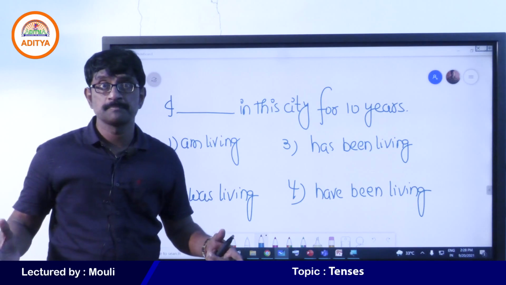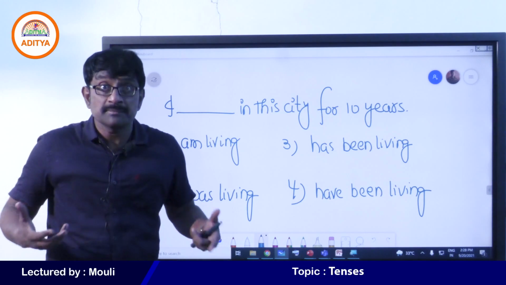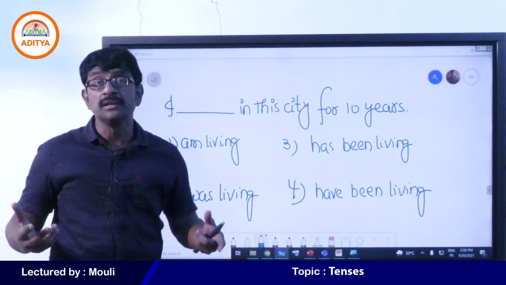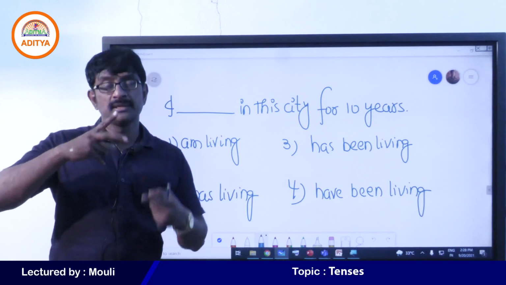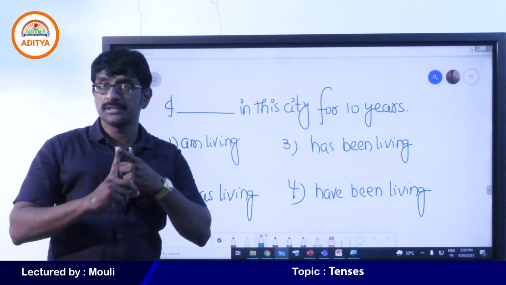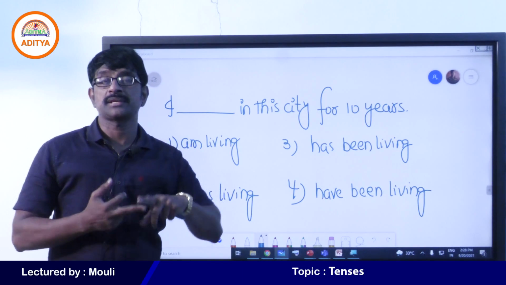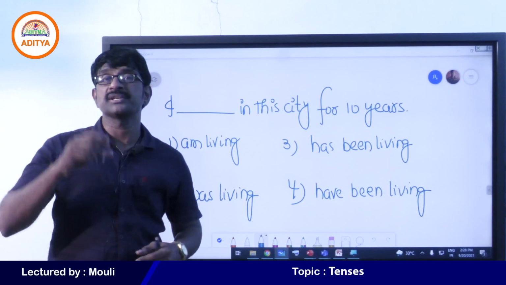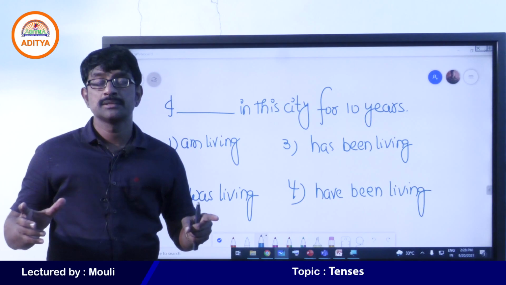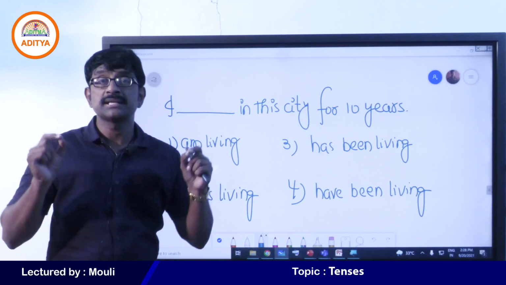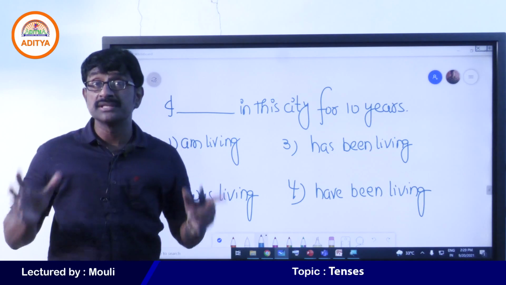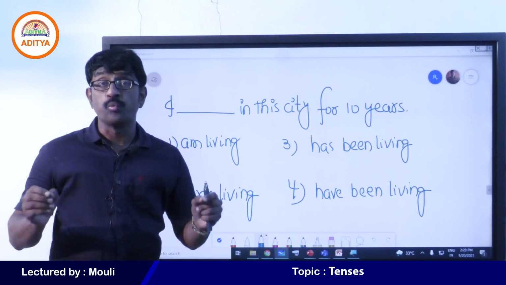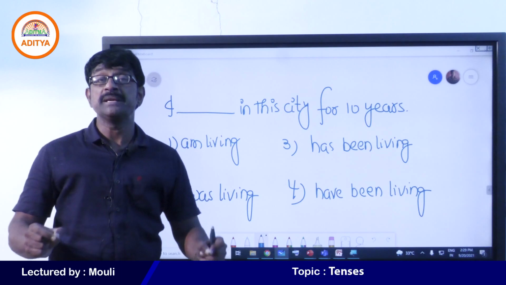Even masters who are making themselves masters in English language, they too focus on 2 areas. The first area is object and the second area is subject. With the help of object, we can decide what tense is it. With the help of subject, we can decide what verb should be placed there.